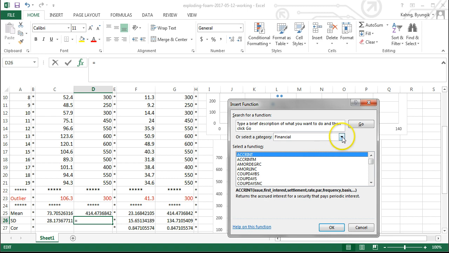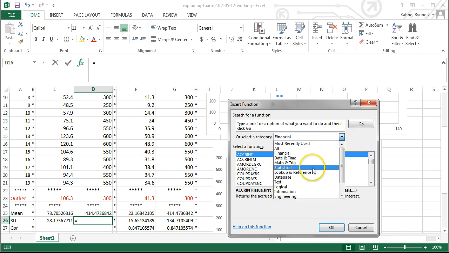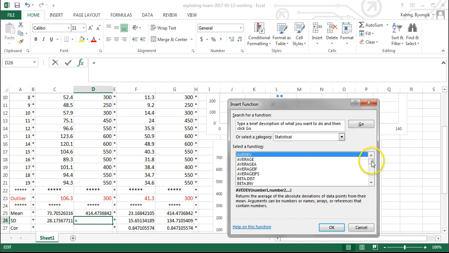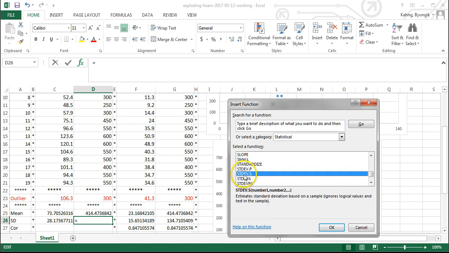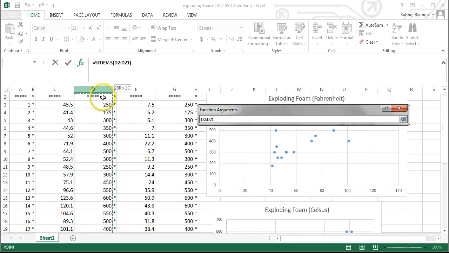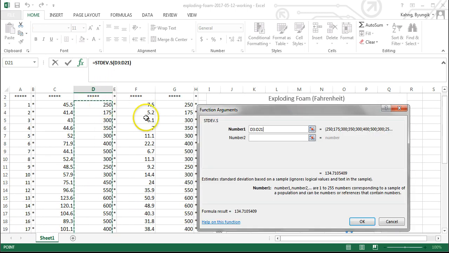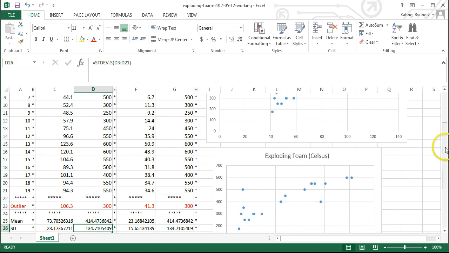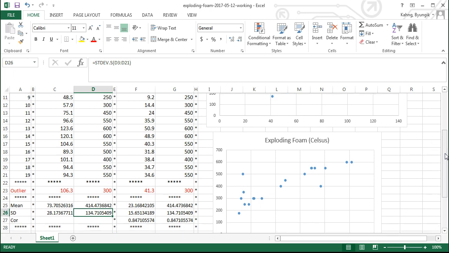Go to statistical and find standard deviation.s, sample standard deviation. Alphabetically it's here. Click OK and select your data set with your mouse. You can type in your dataset number directly if you're familiar with MS Excel. Click OK or enter and there you go. That's your sample standard deviation.